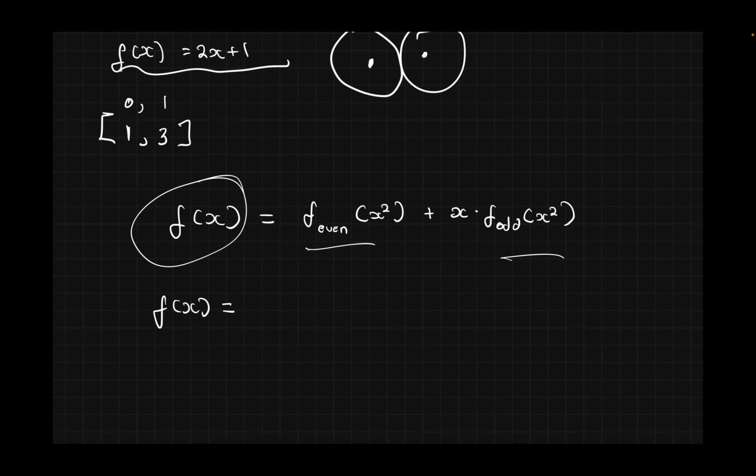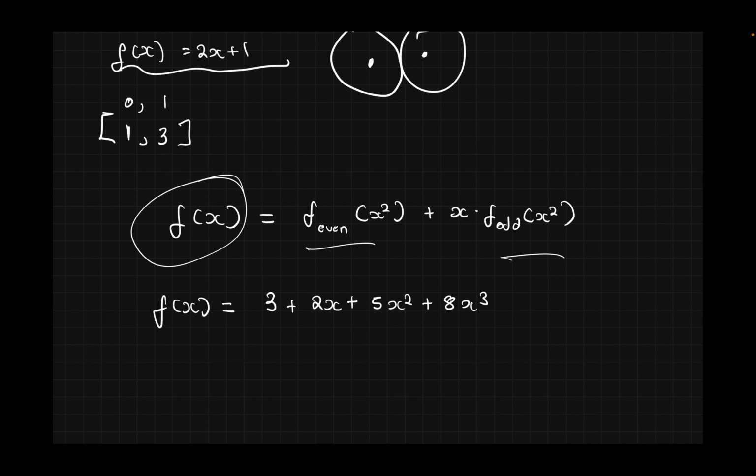Let's say f of x is 3 plus 2x plus 5x squared plus 8x cubed. This is f of x. What I want to do is break it down into two new polynomials.